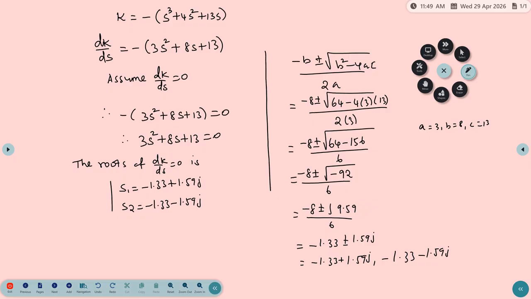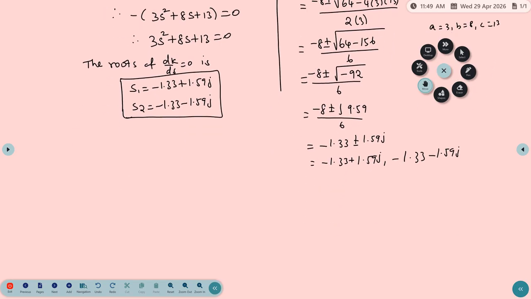Here we can see both the roots have negative real parts, and they are complex conjugate values with j. So the roots of dk/ds are not real and positive numbers. Therefore, there is no breakaway and breaking point.